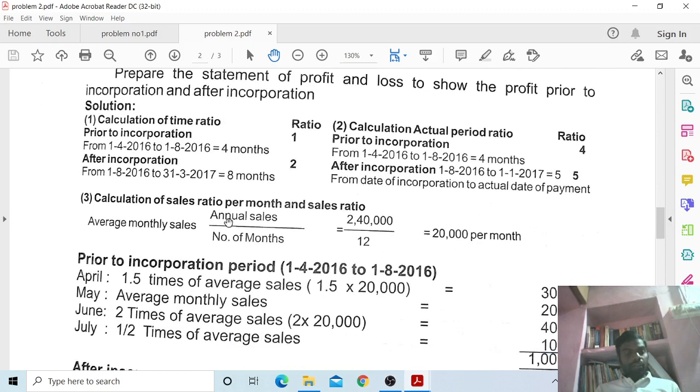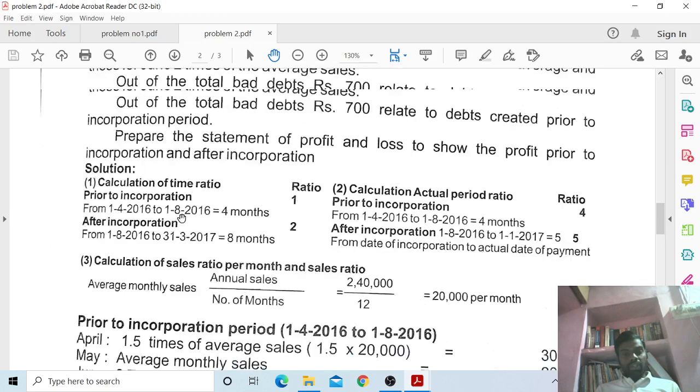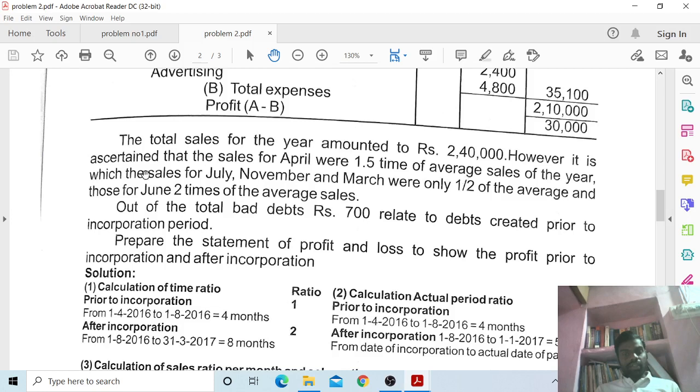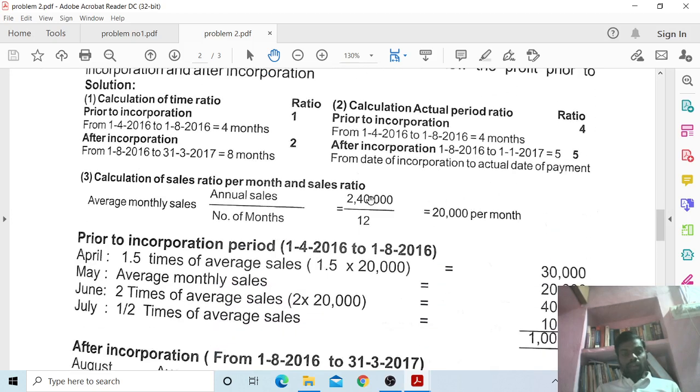Next, calculation of the sales ratio. Average monthly sales is annual sales divided by the number of months. The total sales of the year amounted to rupees 2,40,000. First calculate 2,40,000 divided by 12 months, which is 20,000 per month.